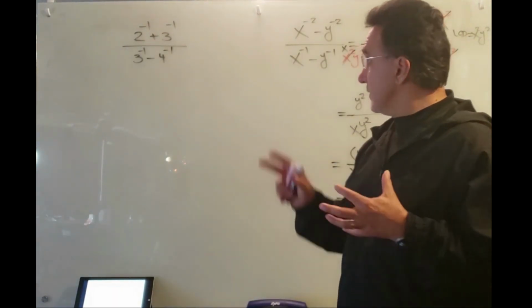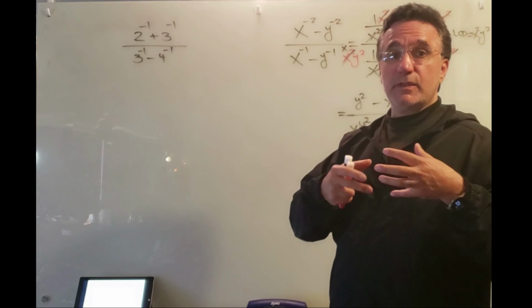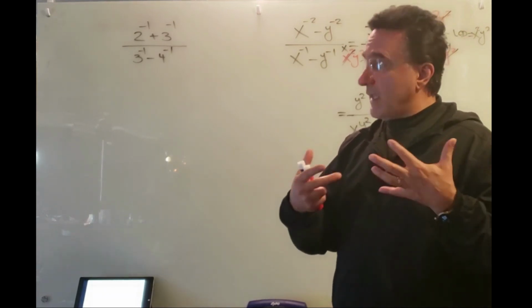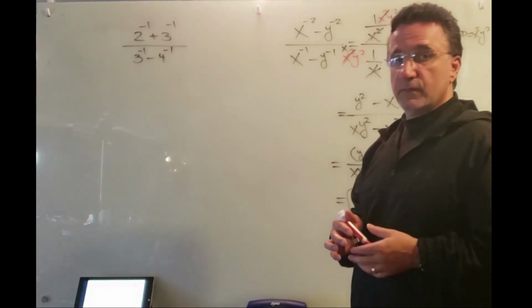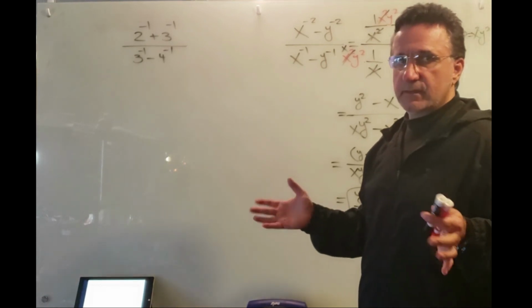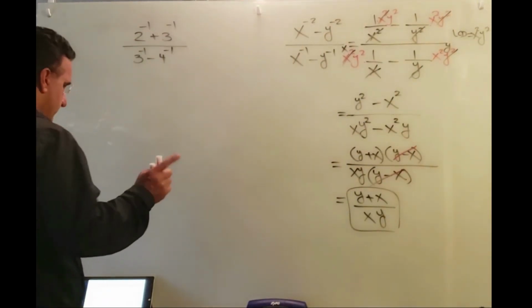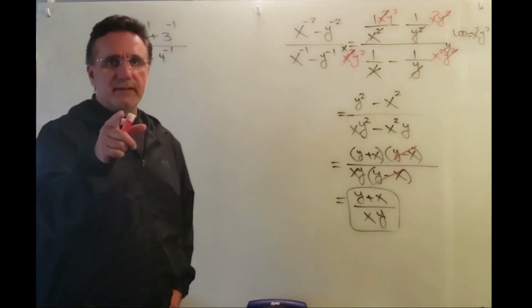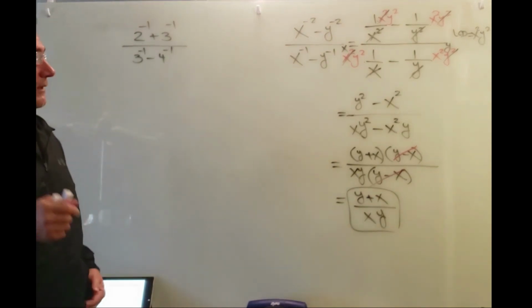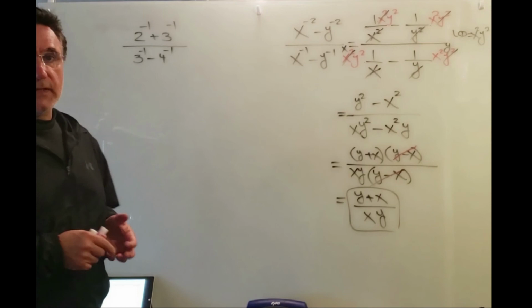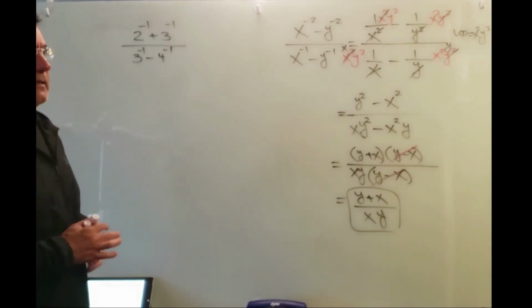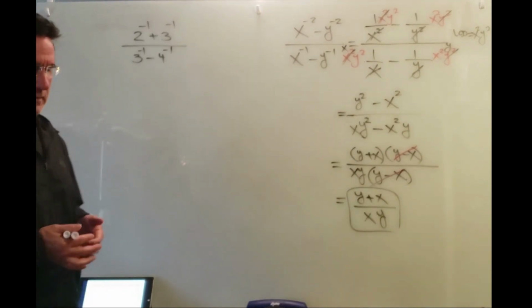You're going to take all those negative powers, turn them into positive ones first, and then proceed with your method of choice. You can do the classic method or you can do the LCD method. All right, so go ahead and pause the video and try this. You should be able to do this. And when you're finished, go ahead and hit play. We can compare our answers, okay?